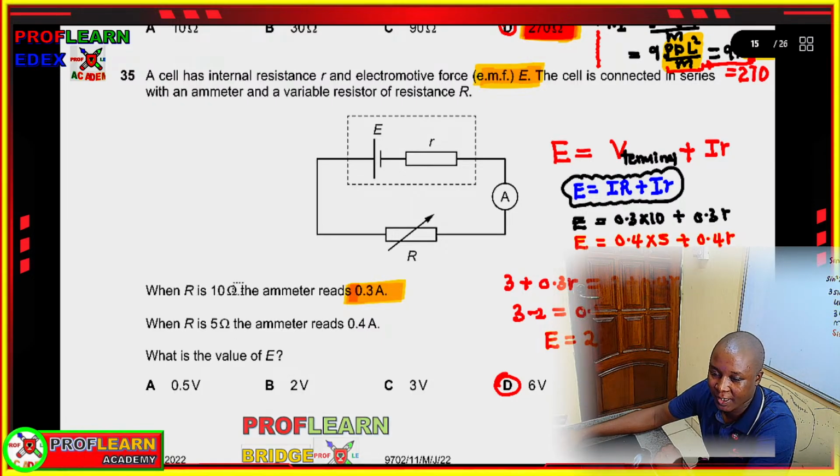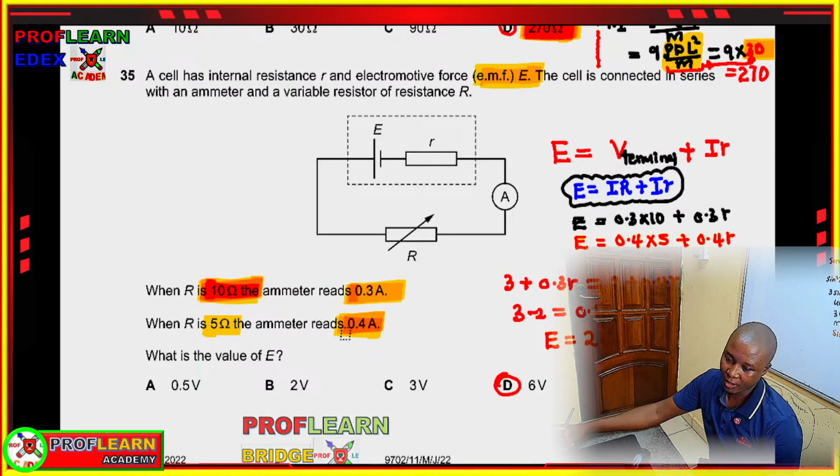When R is 5 ohms, the ammeter reading becomes this. So how are we supposed to find the value of E?